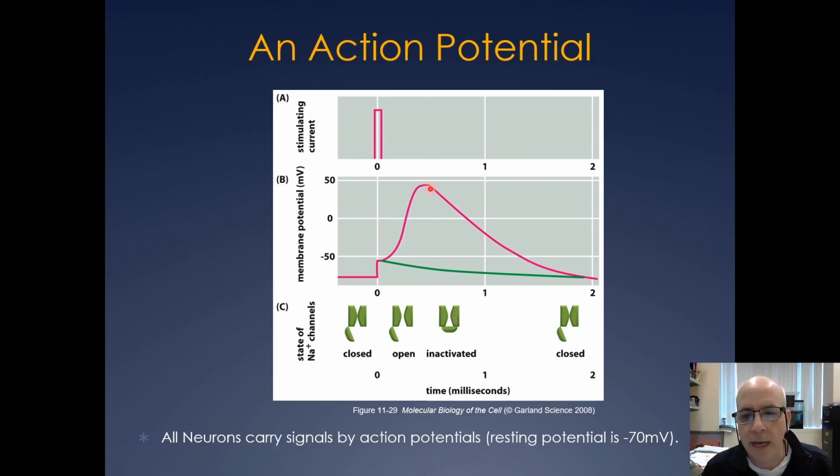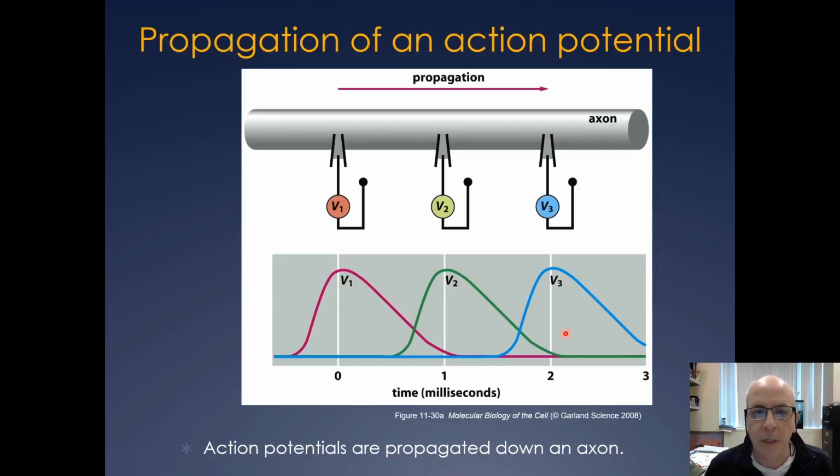Then as time goes by and the membrane gets repolarized, it goes back to its closed state, and then it can receive another signal. And it's this very important mechanism that basically allows the action potential to go in one direction and only one direction, and we'll see that in a second. And that's sort of the propagation of the wave.